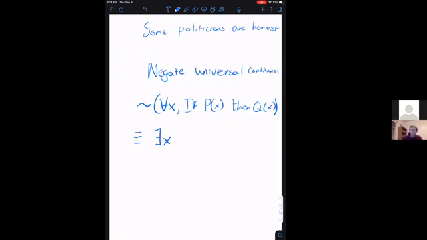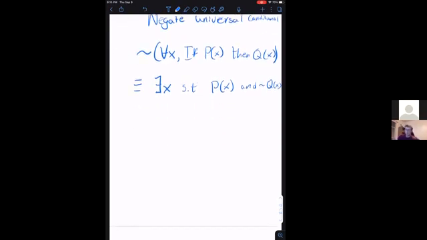There exists an X such that P of X and not Q of X. How did I get this? How did I get this statement? Okay, let's remember here that if then statements can be written as or statements.